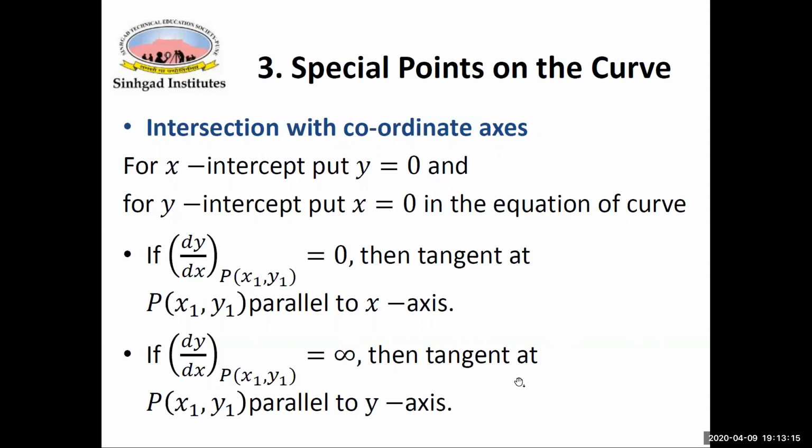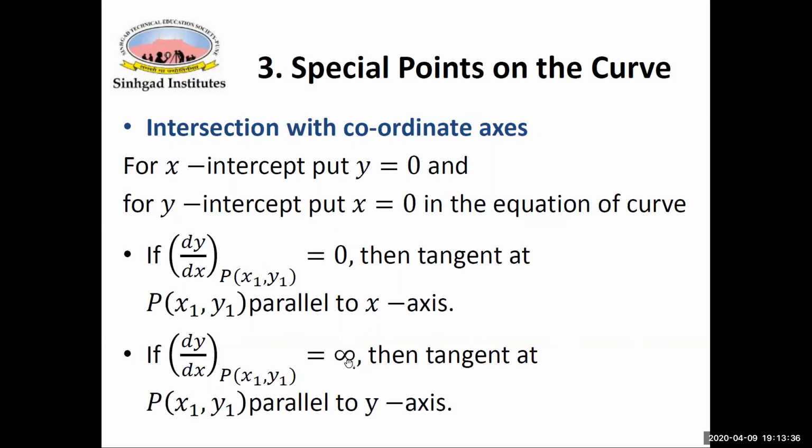To find tangents, first find the value of dy by dx of the given equation. Then substitute the point in dy by dx. If the value of dy by dx is 0, then the tangent at that point will be parallel to the x-axis.